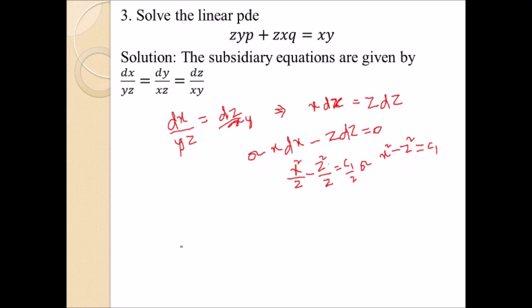Now here I can consider first and second or second and third. So I'll take the first and the second. dx by yz equals to dy by xz.